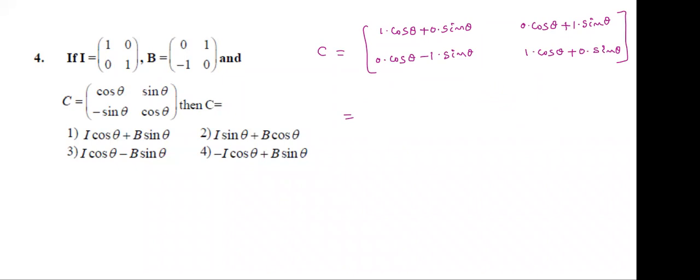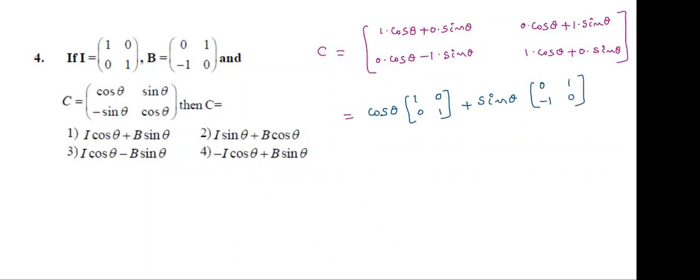Now split. I am going to write first the cos theta coefficients: 1, 0, 0, 1, plus the sin theta coefficients. What are they? 0, 1, minus 1, 0.